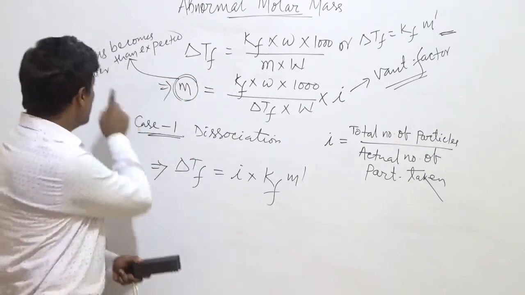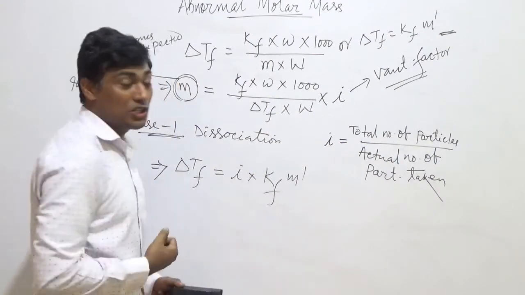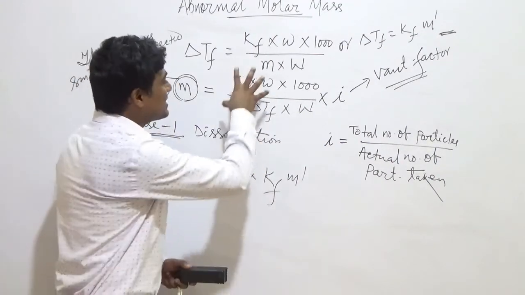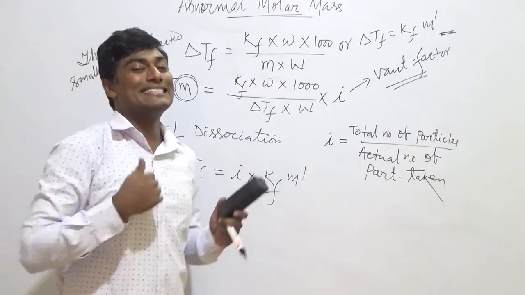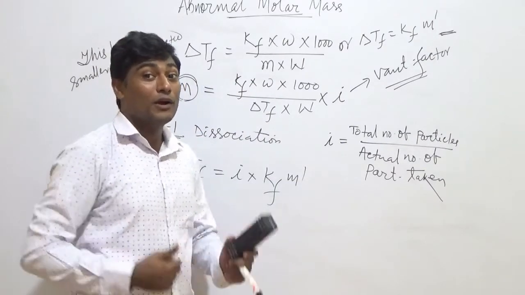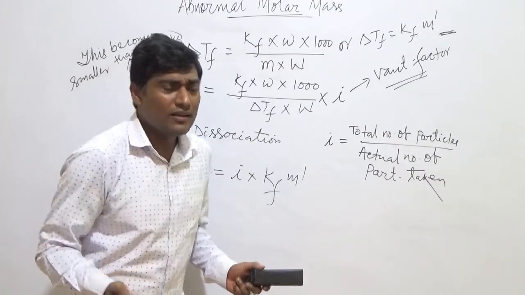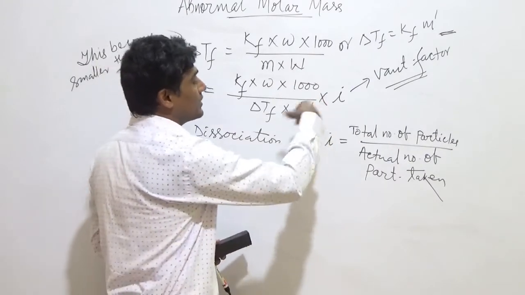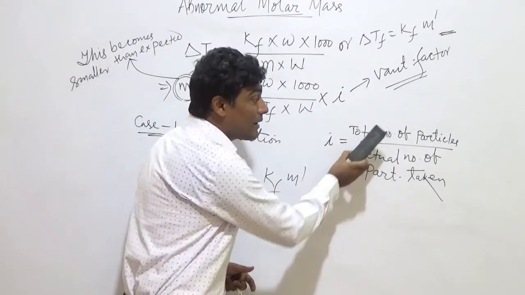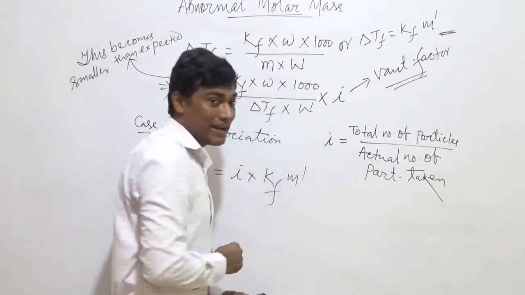Because now we are getting a smaller value. If we want to go to the true value of the molar mass, then just multiply a number that is greater than 1. Okay, so it is also clear, because in case of dissociation, the total number of particles after dissociation is greater than the actual number of particles.